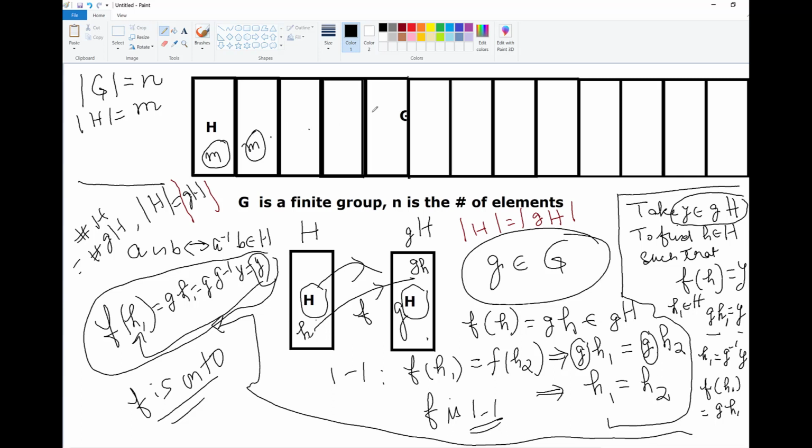Okay, so if I have, say, r disjoint left cosets, then what will happen? r times m will be n.